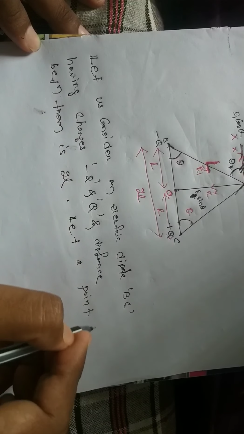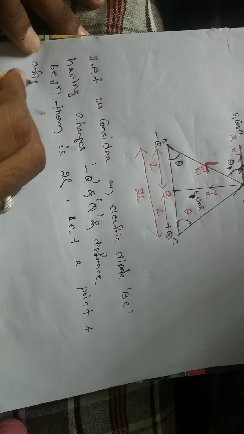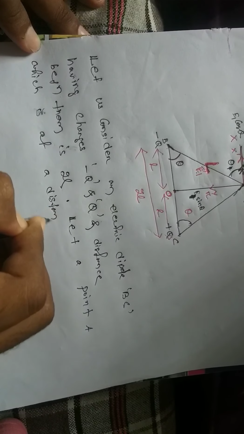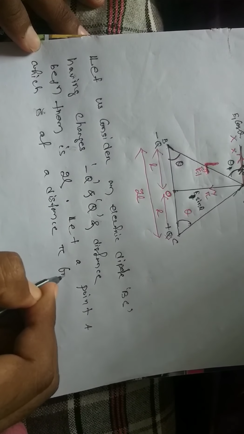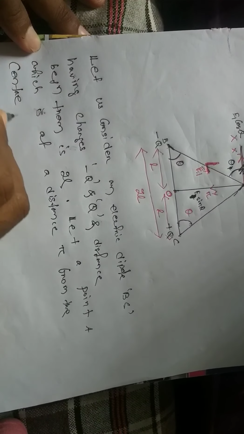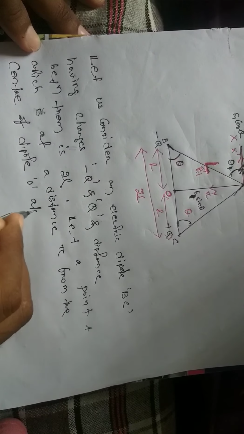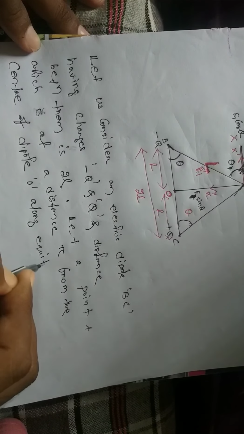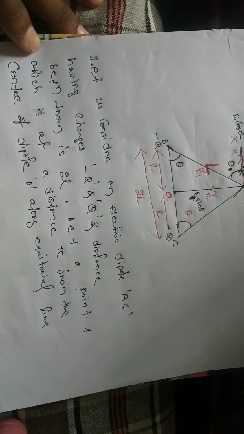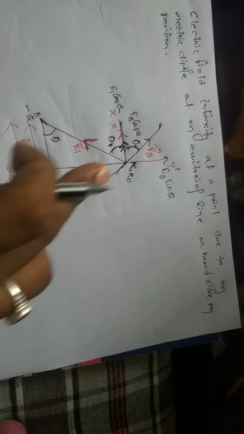Let a point A be at a distance r from the center of the dipole O along the equatorial line. Clear? So this is the equatorial line.